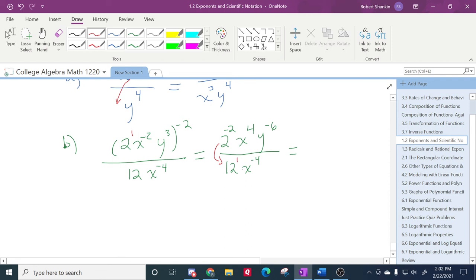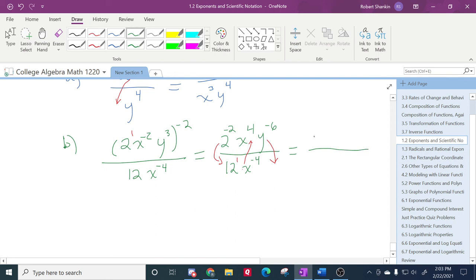Now, I am going to, once I got rid of the parentheses, then moving, now x to the 4th and x to the negative 4th. I might be tempted to want to cancel those out. They would cancel if this was a positive 4 as well as that being a positive 4, or if they were both negative 4s. But when one's positive, one negative, they don't cancel. All the negative exponent ones move to the other side of the fraction.